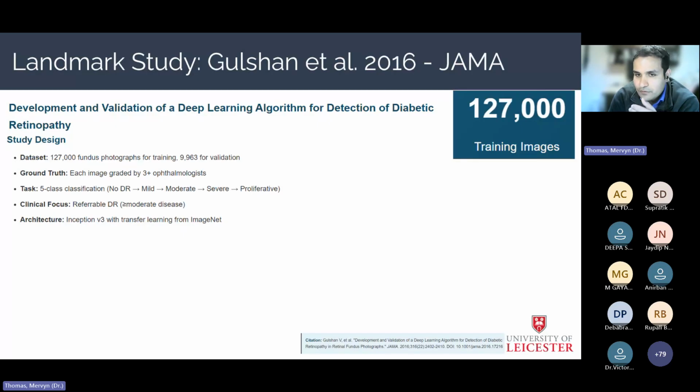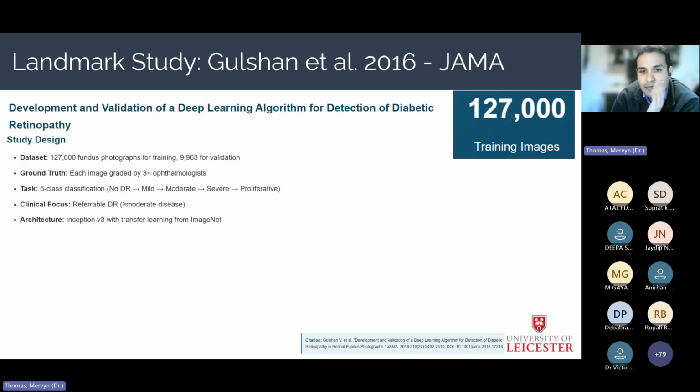Proliferative is where you have proliferation of blood vessels, like neovascularization, those images that I shared with you previously. The clinical focus was to identify what's known as referable diabetic retinopathy. So if they had moderate disease or worse, that would be considered referable diabetic retinopathy.